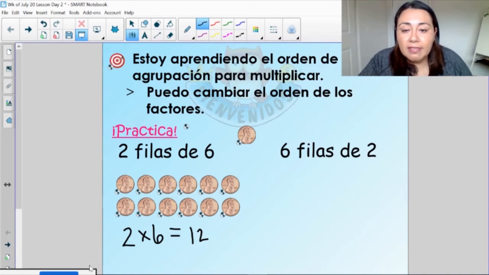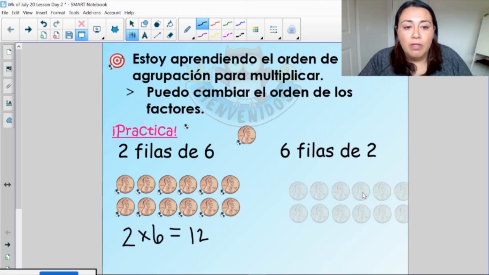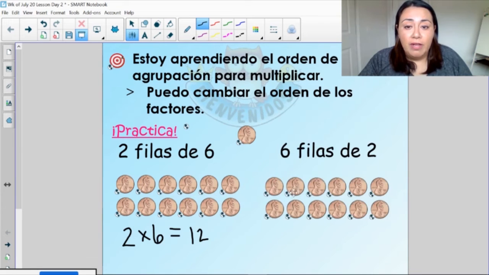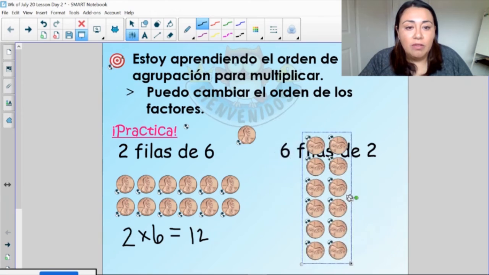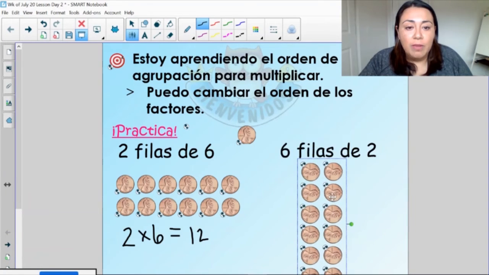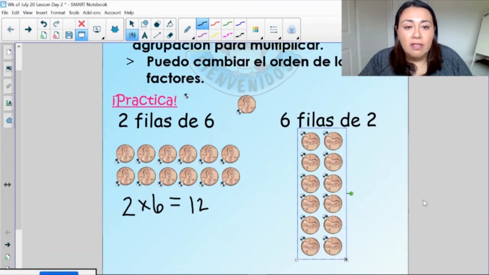Ahora, ¿qué pasa si cambiamos el orden? En vez de 2 filas de 6, que sean 6 filas de 2. Pues vamos a tomar este mismo grupo de 2 filas y les enseñé el truco. Simplemente rotamos la agrupación así y ahora tenemos 1, 2, 3, 4, 5, 6 filas de 2.